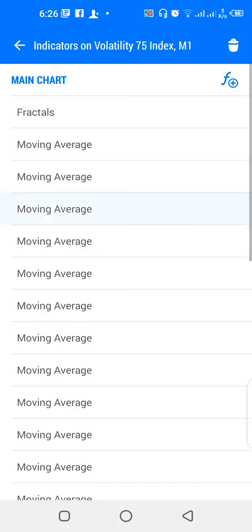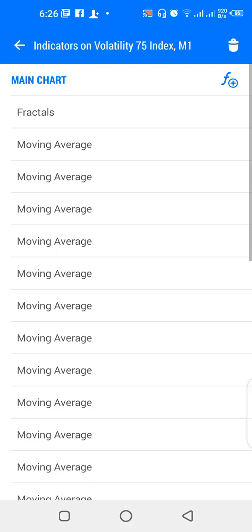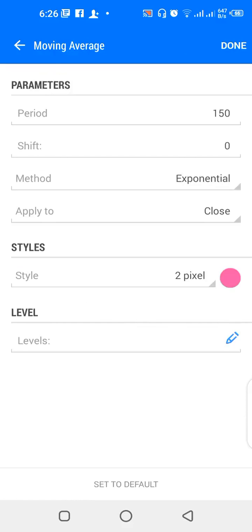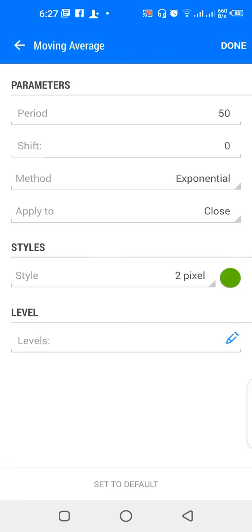Then the third one is 240 EMA, color is black. Then the fourth one is 150 EMA, color is pink. The fifth one is 50 EMA, color is green.